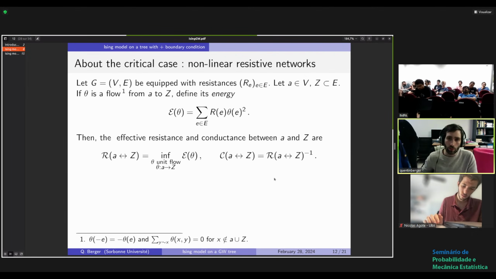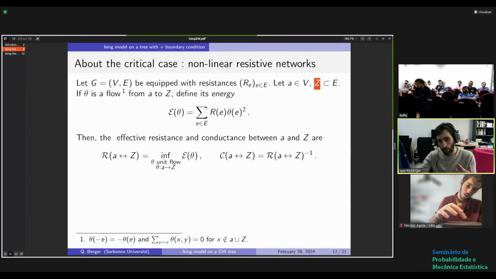You have a graph equipped with resistances on the edges. You have some vertex A and some subset Z of the vertices. And you want to define the effective resistance between this vertex A and the set Z.